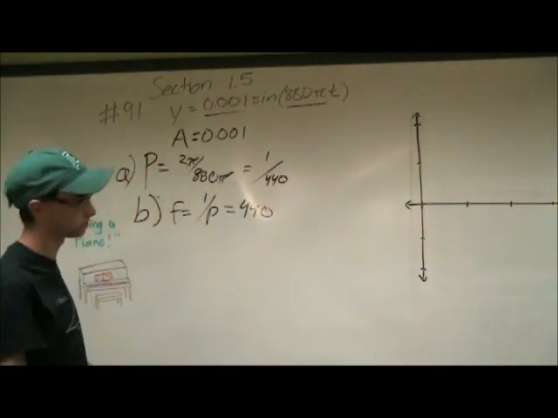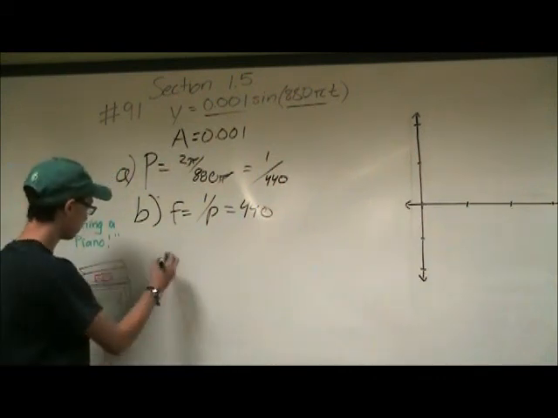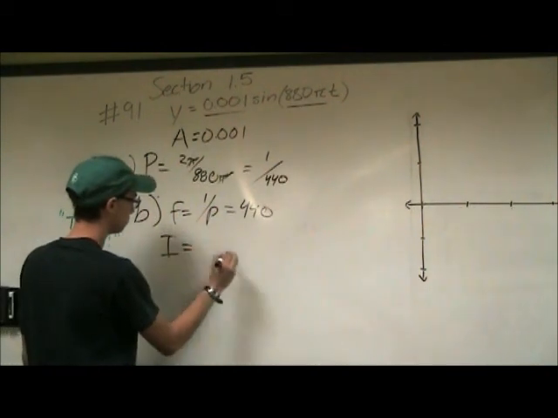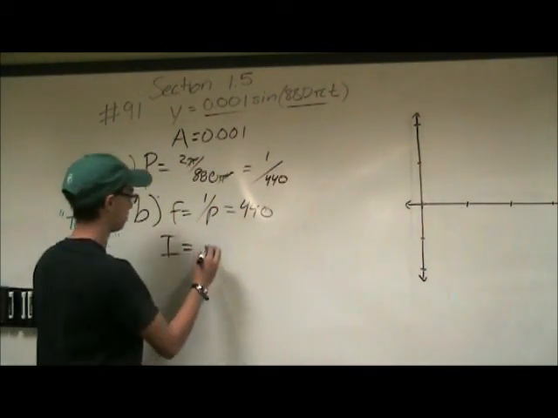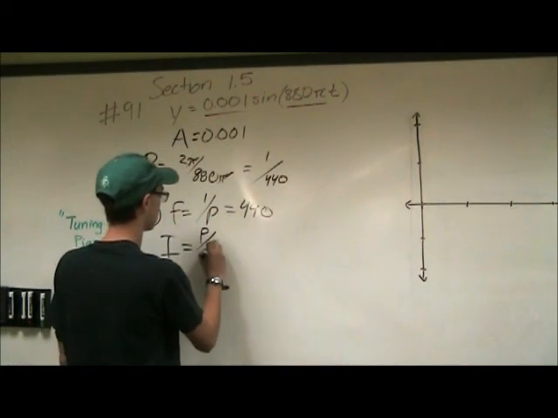So now it just wants us to graph, and to graph anything, we need the key points. So the interval is equal to period over 4.